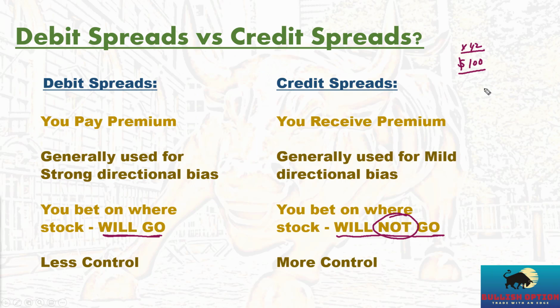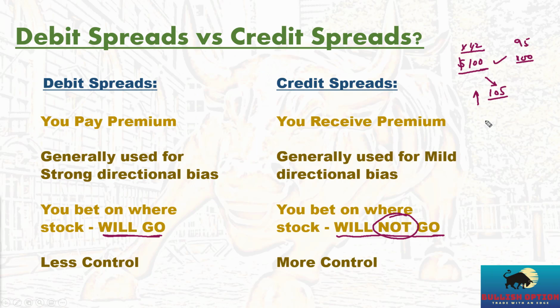So let's look from a stock buying perspective. When will you make money? You will only make money if stock goes up. Let's say stock goes to 105, you will make $5 per share. You will not make money if stock remains pretty much here at 100, or you lose money if stock goes to, let's say, 95.